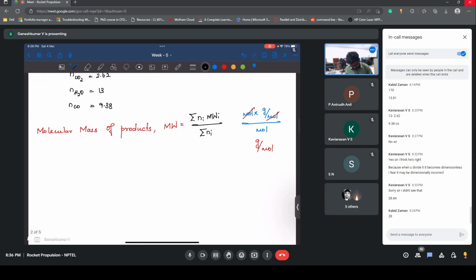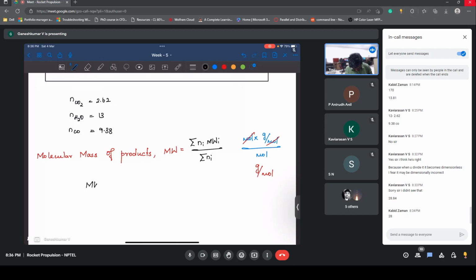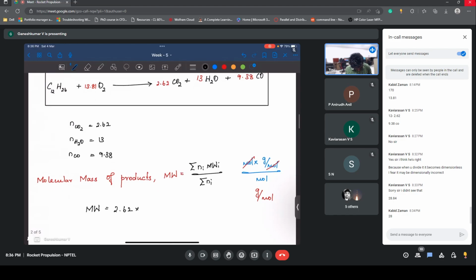this product species. So how do we calculate? Molecular weight is going to be 2.62 times CO2 molecular weight, which is how much?